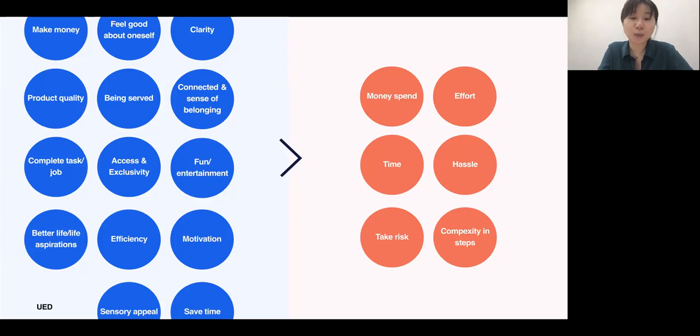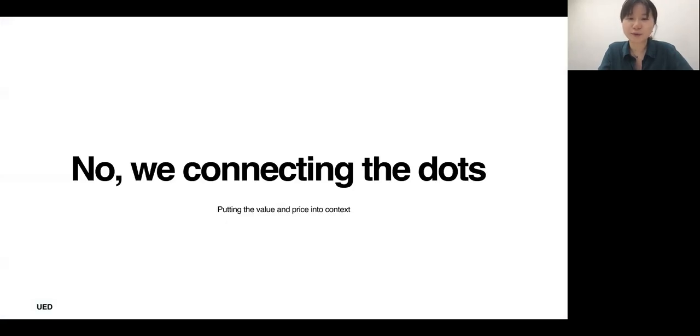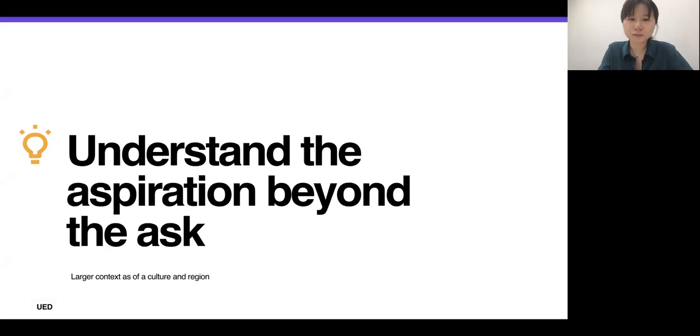And then we pick the right value based on our understanding of the customers and deliver it, so that we make the balance the way we desired. So I have a couple of projects that I think can help shed light on how you could potentially apply what I just explained.